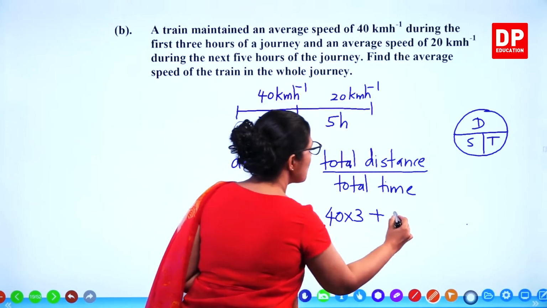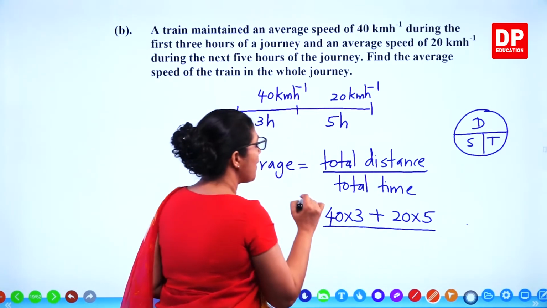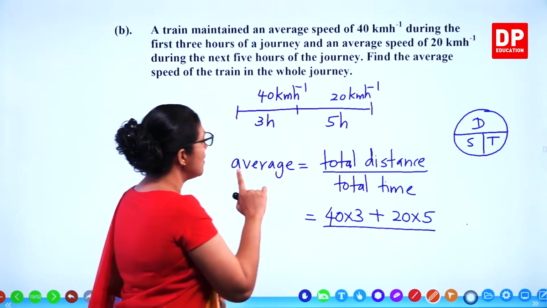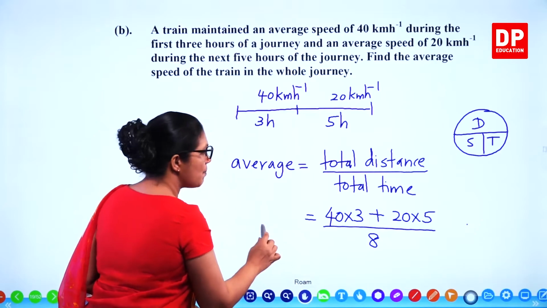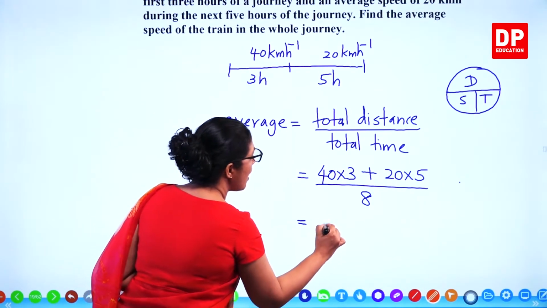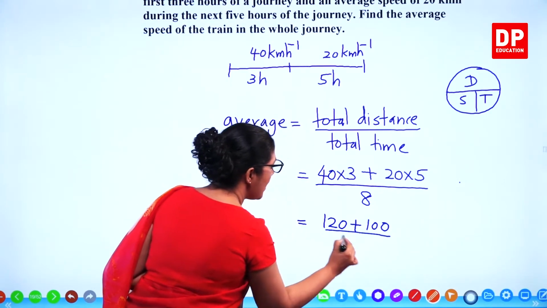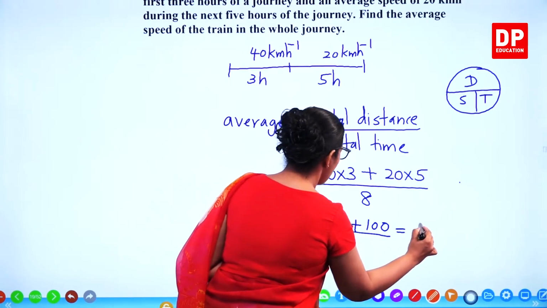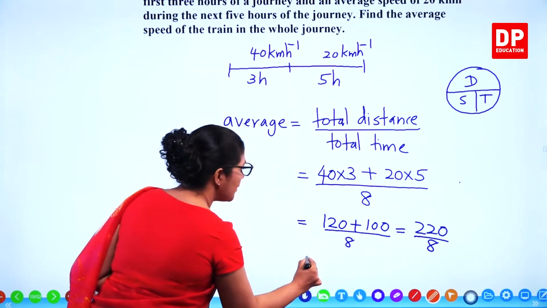Then 20 times 5 is the distance for next 5 hours. Altogether, 3 plus 5, 8 hours are there. So simplify. 120 plus 100 divided by 8. 220 divided by 8. What's the value?